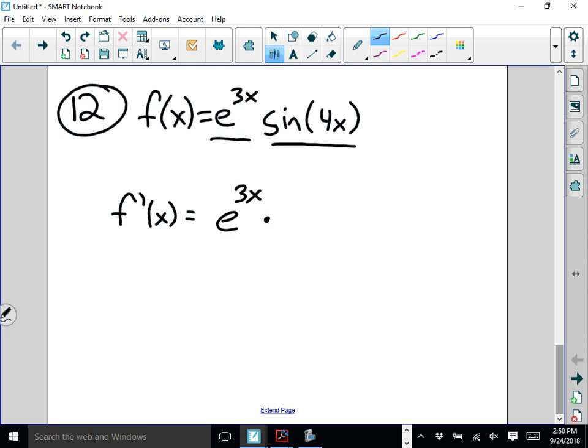The derivative of the outside with respect to the inside is e to the 3x, but I have to multiply by the derivative of the inside. The derivative of 3x is 3. I have to do the chain rule with e to anything other than just regular old x. So that's the derivative of the first, and now I have to do times the second, times sine of 4x.